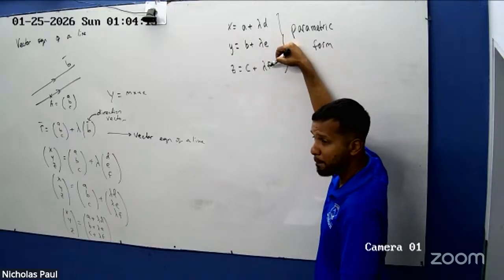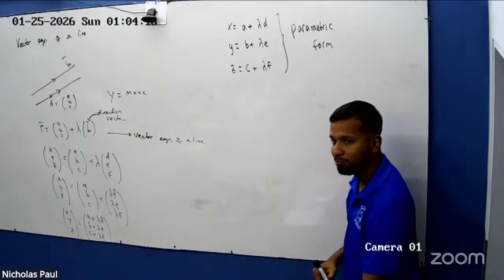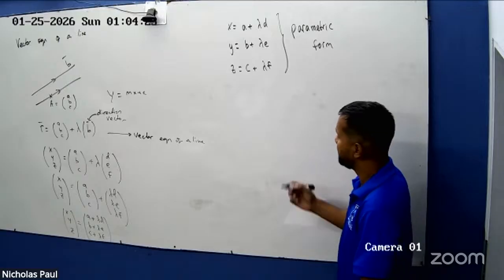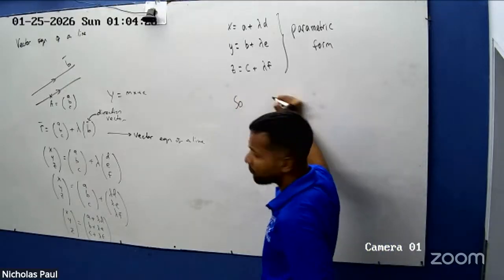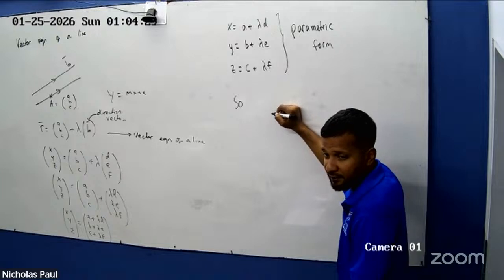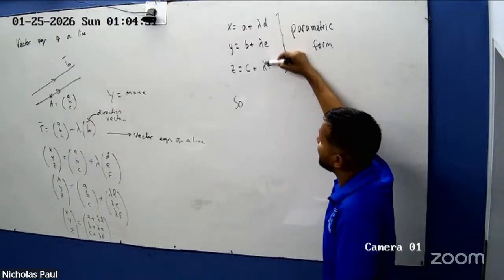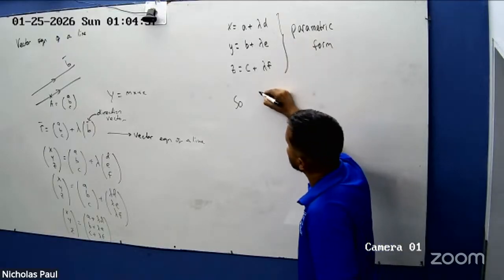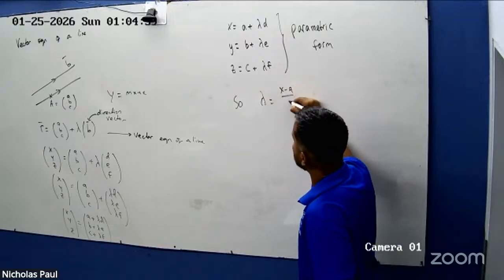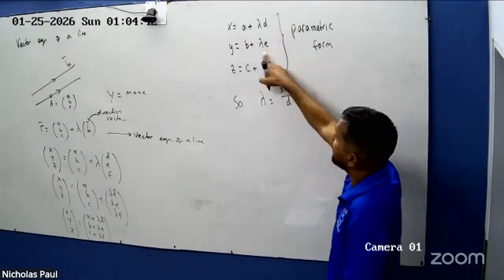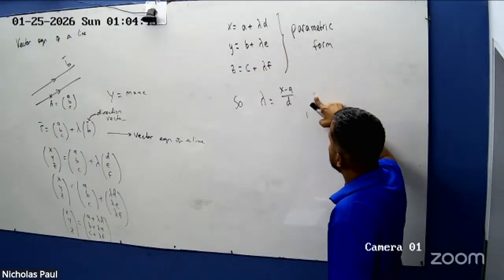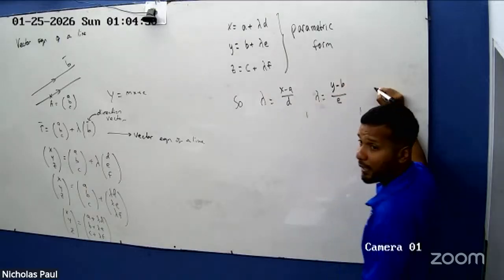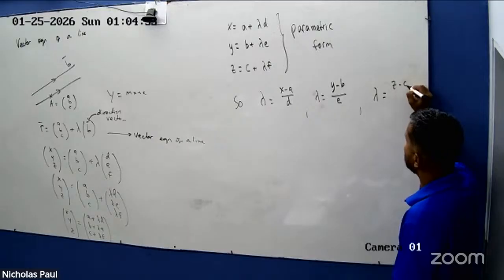How do I get Cartesian form? Cartesian form means that we only have x, y, and z. How can I do that? Any ideas? So basically, how can I get rid of lambda? I can make lambda the subject here. Lambda will be x minus a over d. What about here? Lambda is y minus b all over e. And lastly, lambda is equal to z minus c all over f.